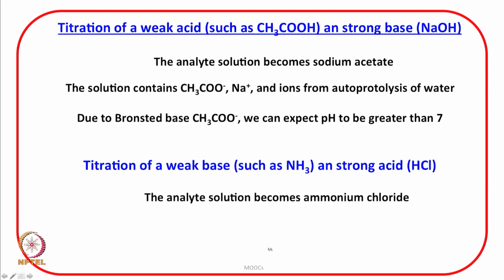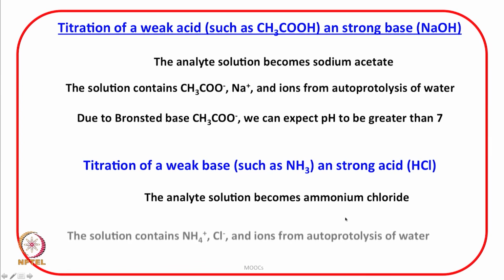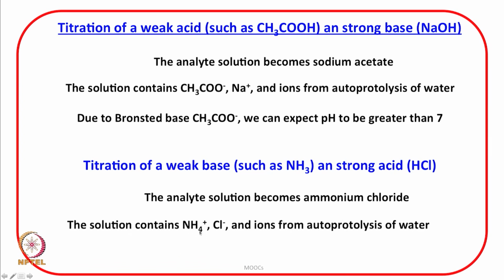That is what is commented here. The analyte solution becomes ammonium chloride, and now the solution will have ammonium ion, will have chloride ion, and as usual the ions from the auto protolysis of water. And what are those ions? These are hydronium ions and hydroxide ions.